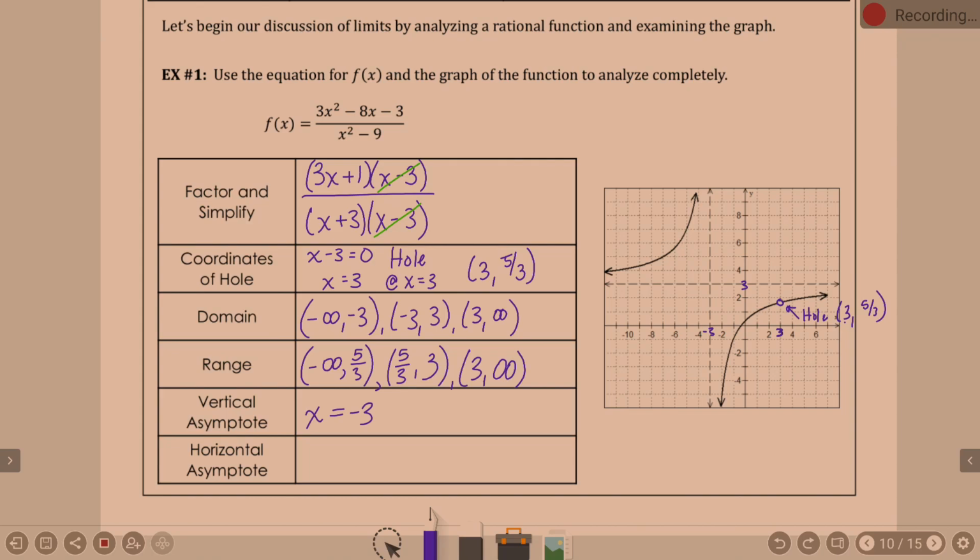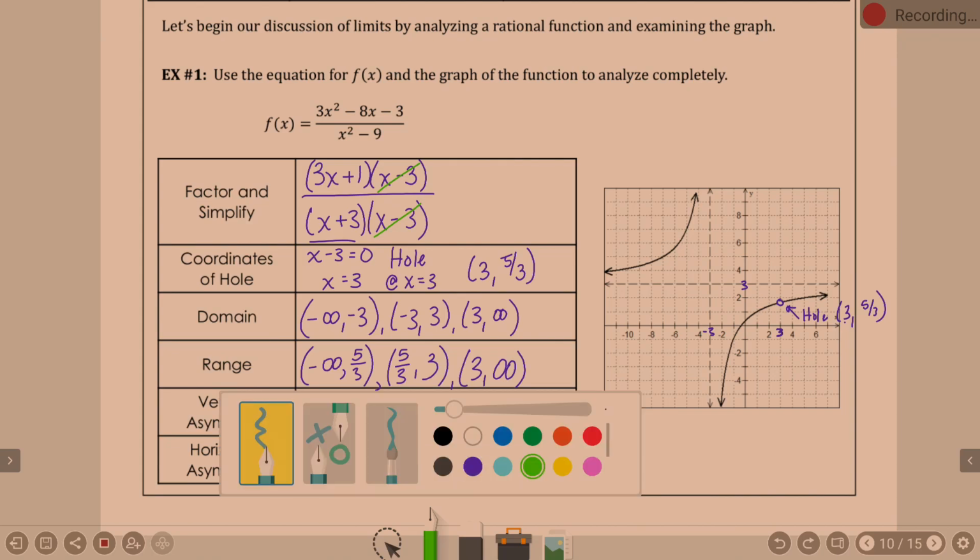So x equals -3. Now, we have the graph to look at. How do we know there's a vertical asymptote? Looking at the equation. Those cancel, which created the hole, and what remains is the x plus 3, which when you set it equal to 0 means there's going to be a vertical asymptote at x equals -3.